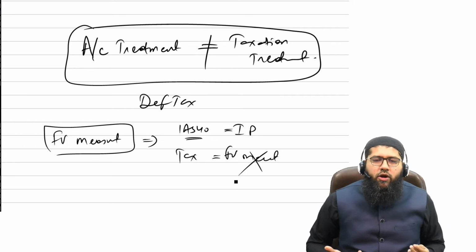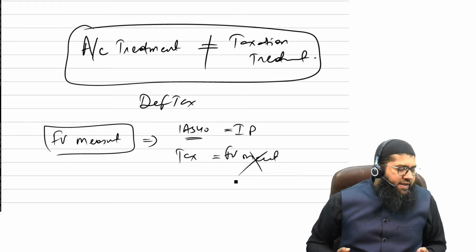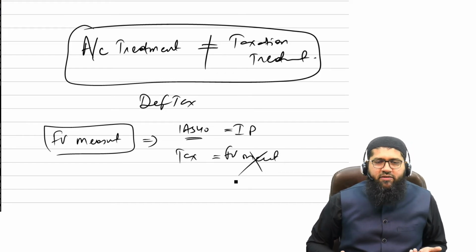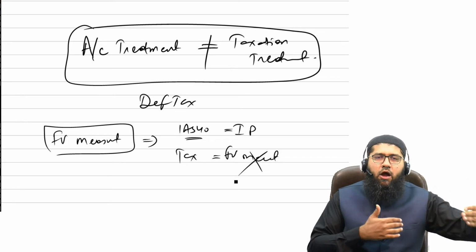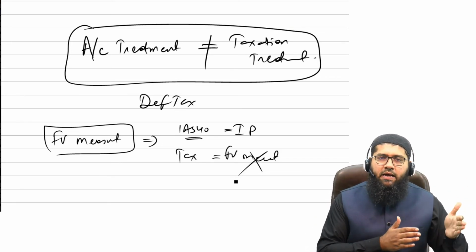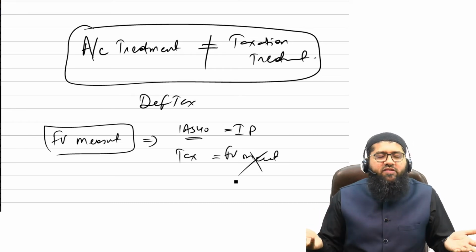So when the tax authorities do not accept the fair value measurement, what's going to happen? There is going to be a deferred tax because the treatment is different for accounting and for taxation. So there is obviously going to be deferred tax.